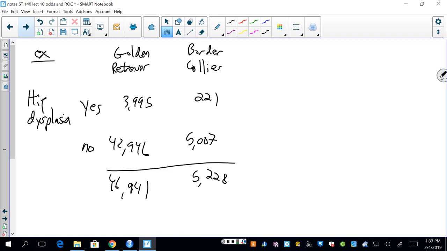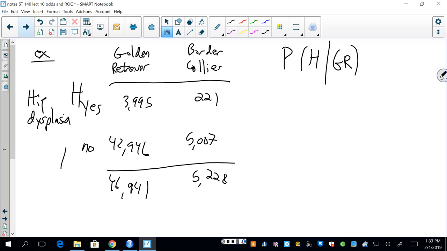So you could look at a number of different summaries of this table for comparing these two species of dog, whether they have hip dysplasia or not. The probability of having hip dysplasia among the golden retrievers, that conditional probability, where this is H and this is not H, or normal hips, would be computed from a table like this, or just based on the fraction.